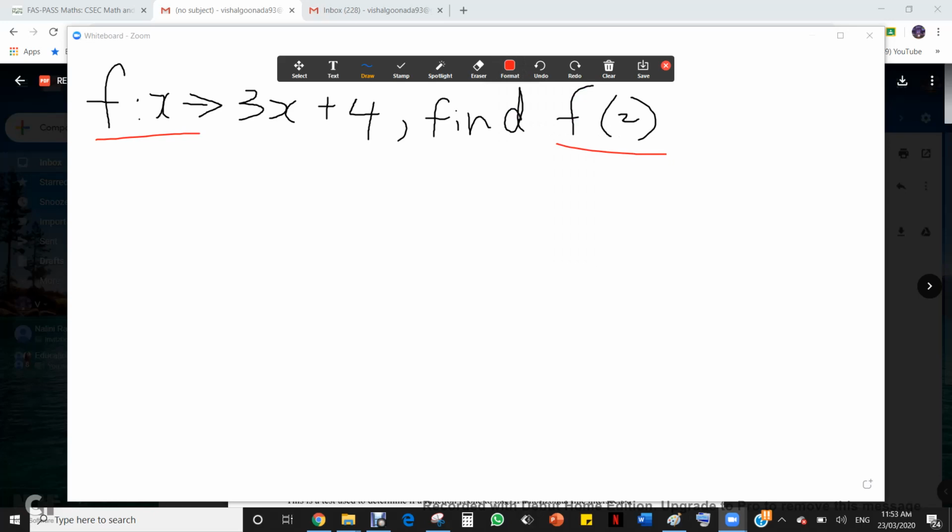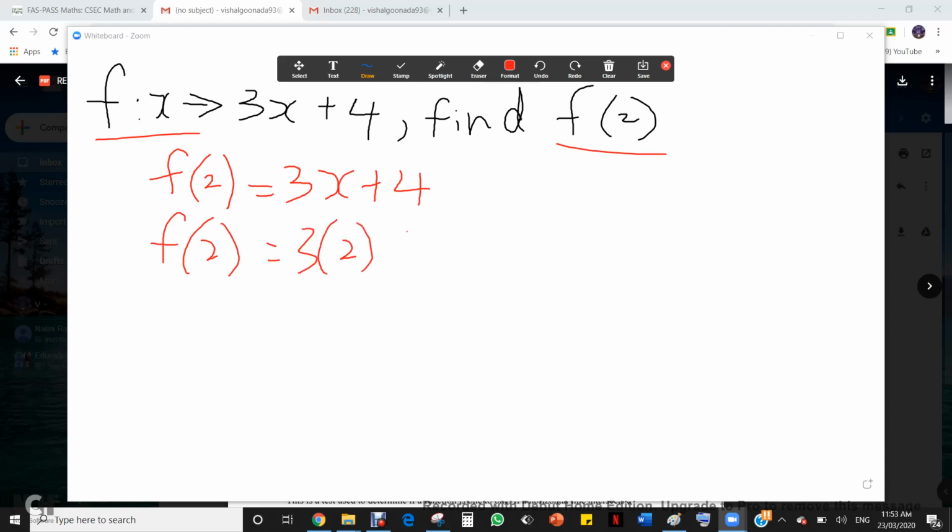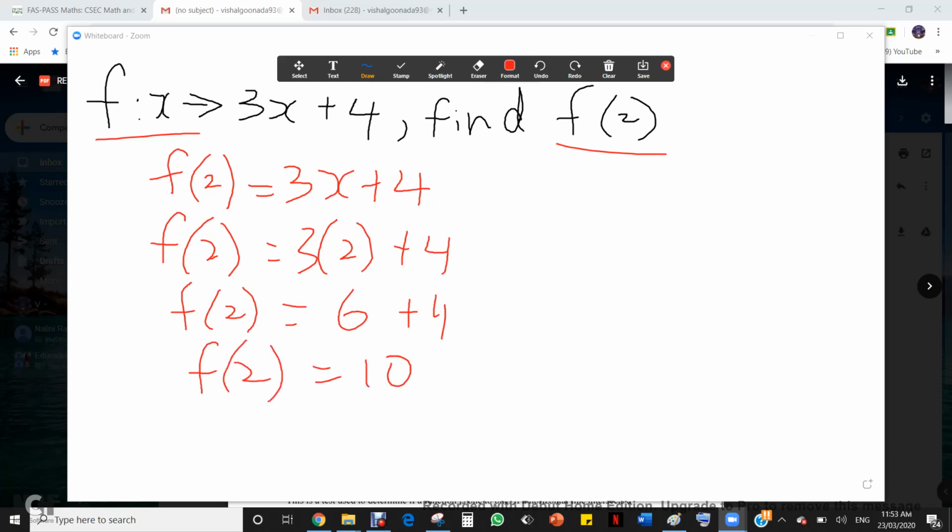Don't worry too much about the arrow, they just draw something to confuse you. So f of 2 is equal to 3x plus 4. So basically, wherever you see x, you're putting 2. So the answer is 10. Correct. You figured that out all on your own, Emily. Congratulations. So yes, f of 2 is 10.